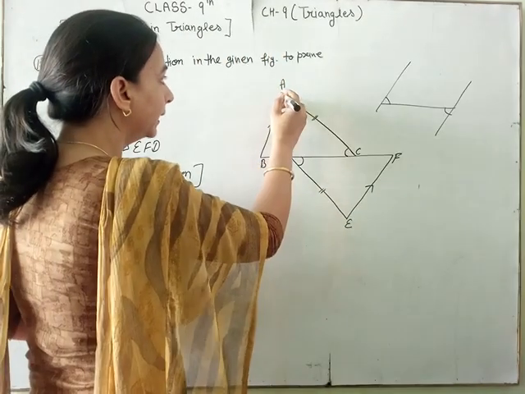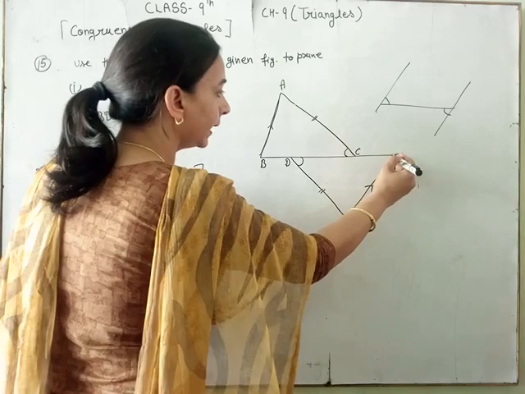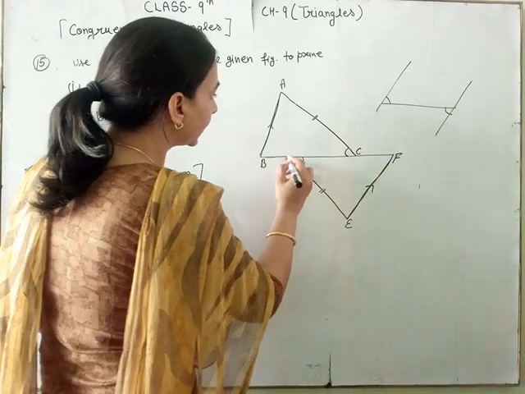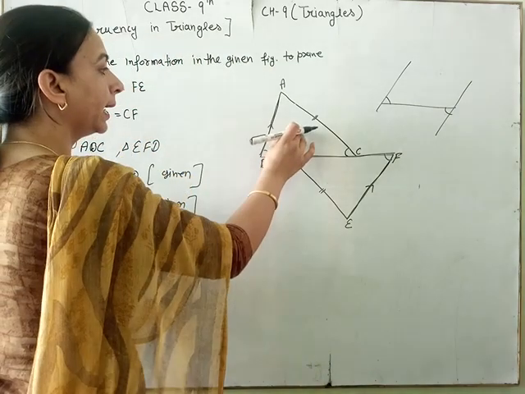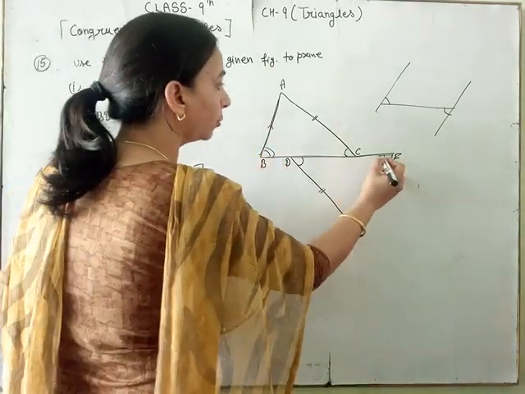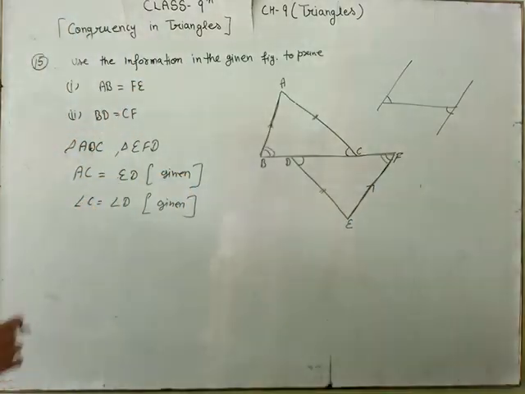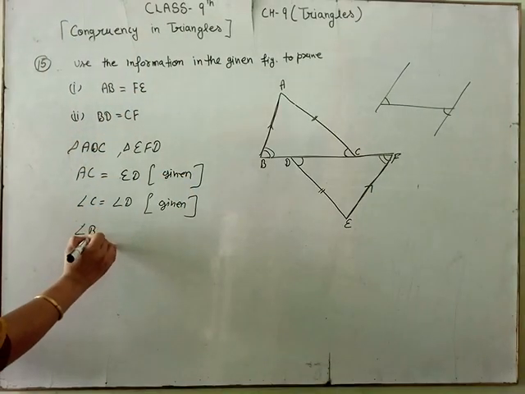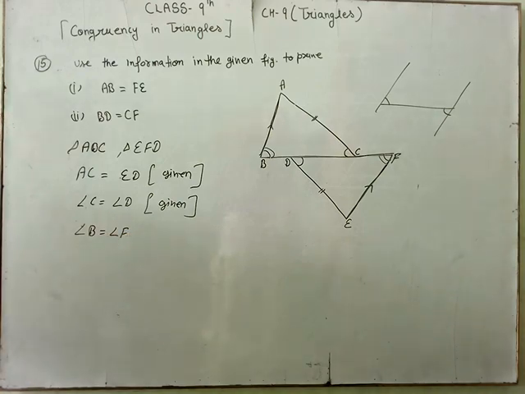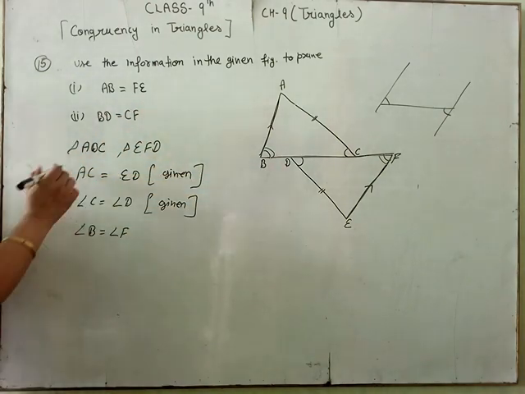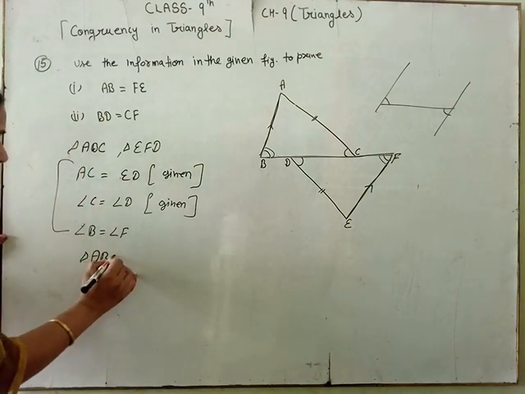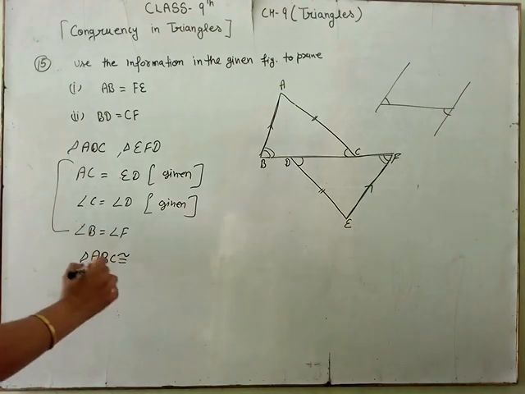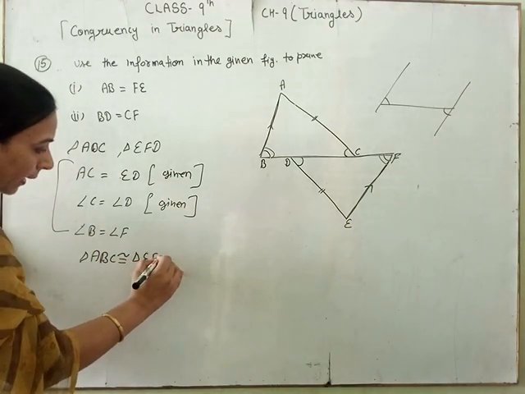Angle B of this triangle equals angle F of this triangle. Then angle B equals angle F, since AB and EF are parallel. The three conditions are complete, so triangle ABC is congruent to triangle EFD.